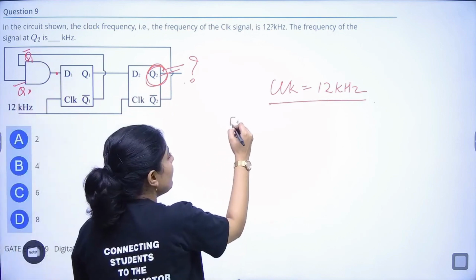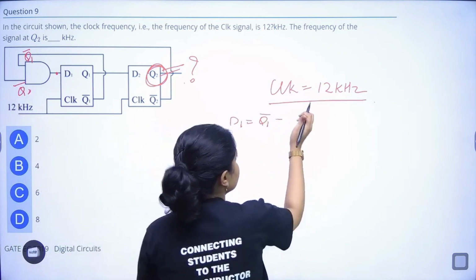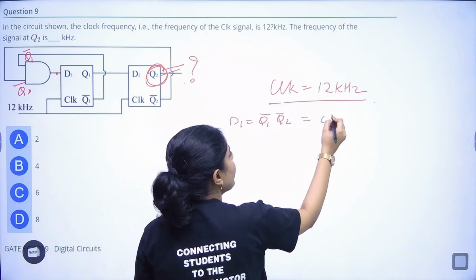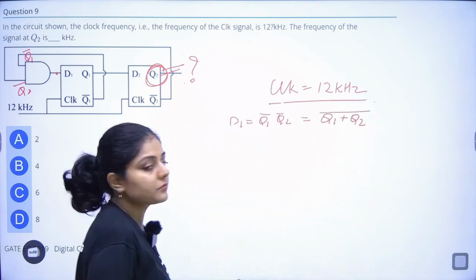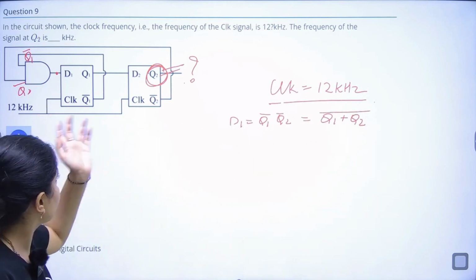So D1 is equal to Q1 bar and Q2 bar, or you can write it like this, (Q1 plus Q2) whole bar. Same thing. Now this is D1, this is D2, Q1, Q2.